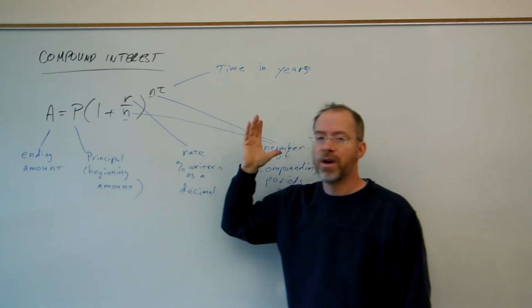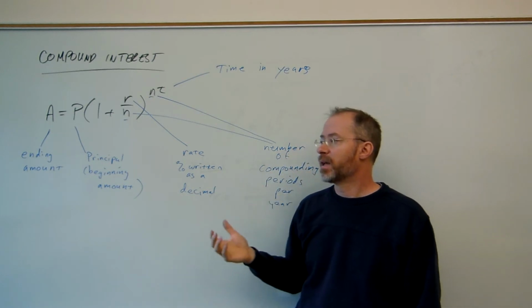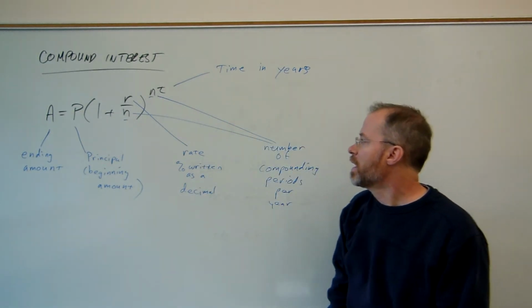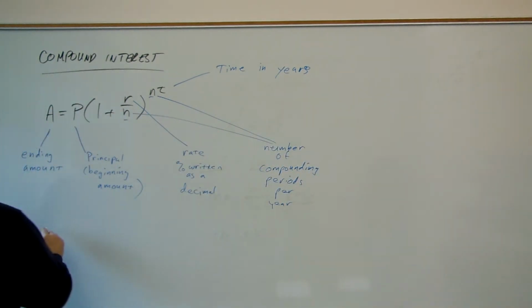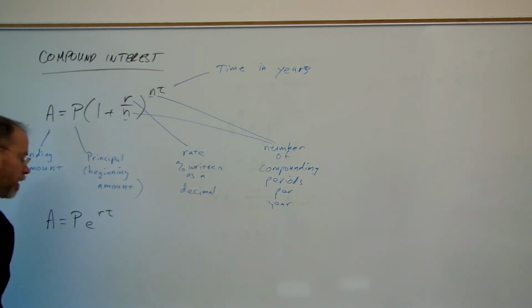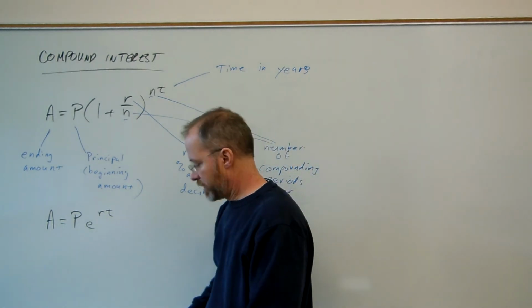Your $100 will grow faster if the interest is compounded more frequently, but there's like an asymptote above which you can't go. And so in modern days, most banks compound continuously. And the formula is actually simpler. This is same stuff here.